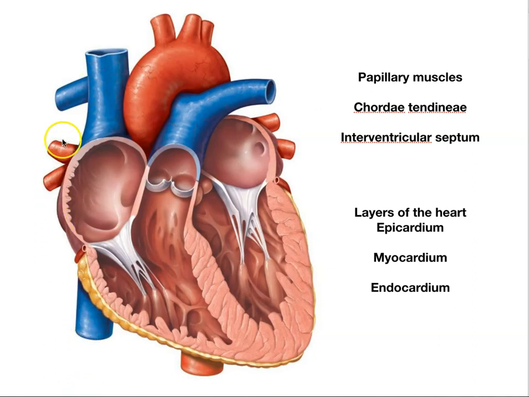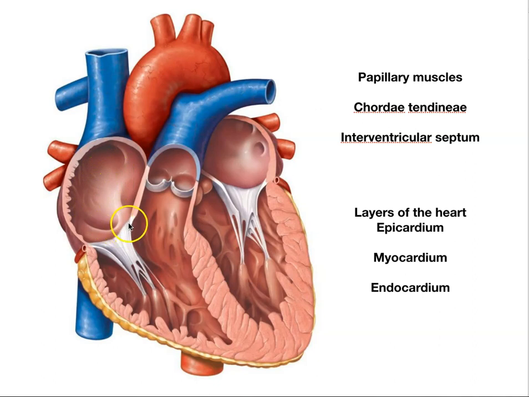Remember, these are the largest veins in your body. Veins bring blood back to the heart. So superior, inferior vena cava bringing blood back to the right atrium.